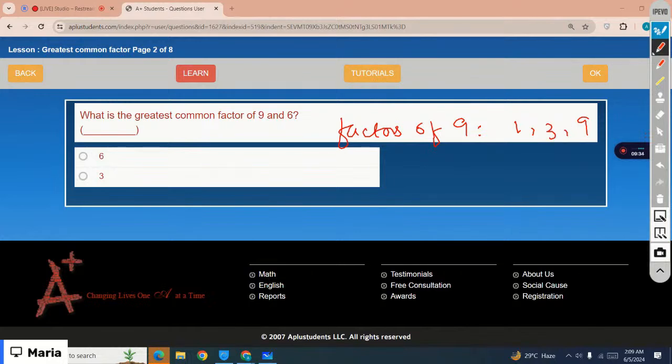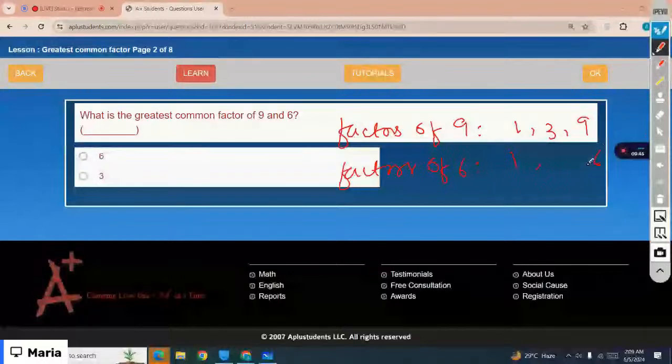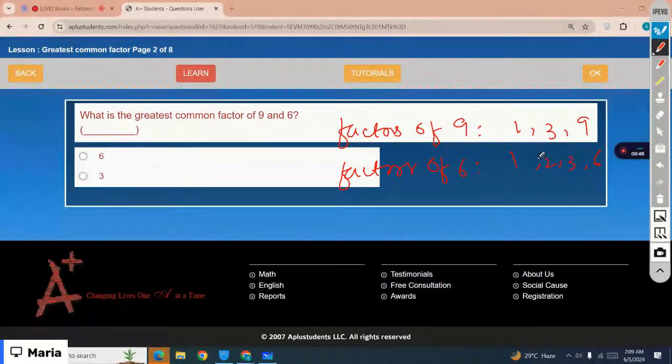Same, we need to write down the factors of 6: 1 times 6 is 6 and 2 times 3 is 6. Which is the greatest number that is common? The greatest common number is 3. If you have any question about factors, please ask. The correct option is 3. The greatest common factor is 3. Got it?